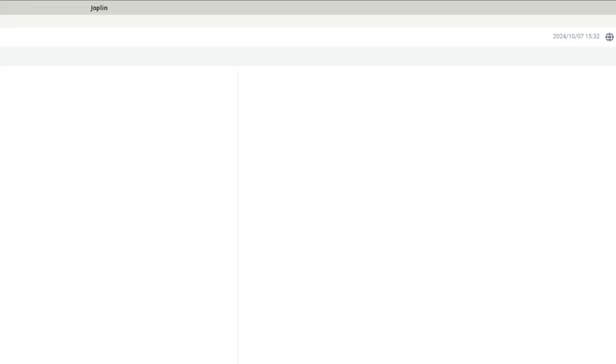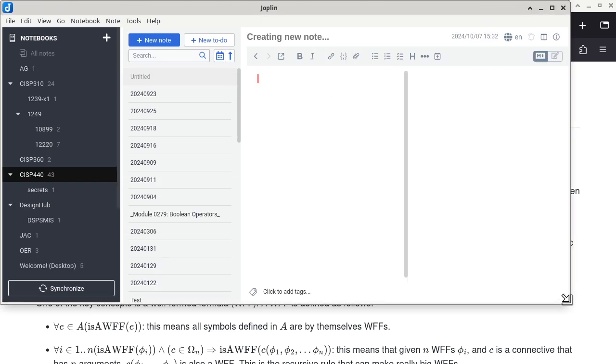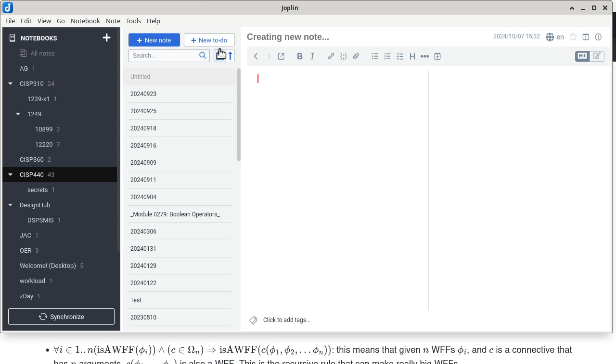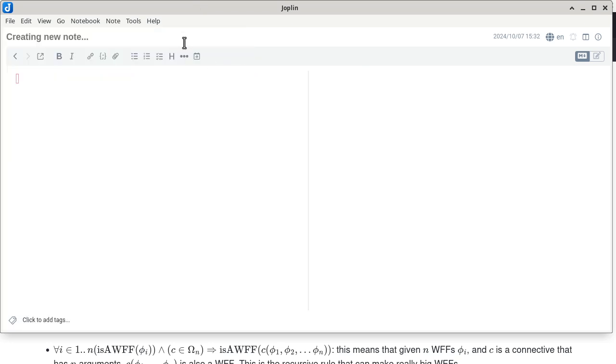Just gonna stash it over here. And then get rid of those two. Today's October 7th. There we go. All right, so we'll start with alpha.